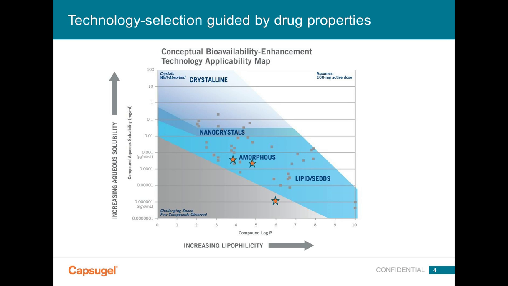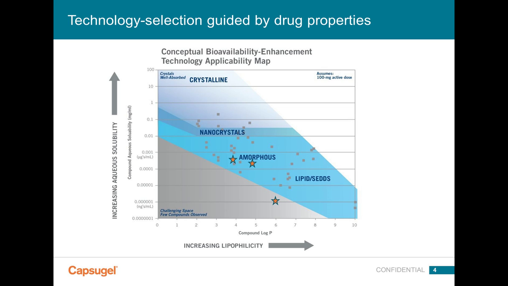This is one example of the kind of two-dimensional guidance maps that we use at Capsugel Bend to identify appropriate solubilization techniques for a molecule. So in this case, both compound aqueous solubility and lipophilicity act as guiding parameters. Near the top of the chart are the highest solubility compounds, which don't need much help, and they could be formulated in the crystalline state.